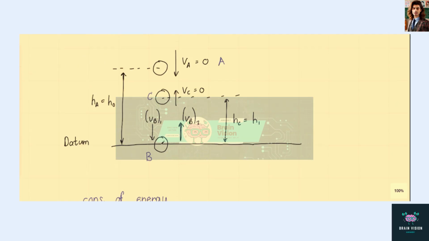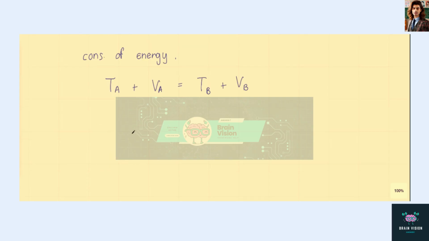Point B is just before the ball collides with the ground. So a half m VA squared plus the gravitational potential energy Vg at A must equal a half m VB squared plus the gravitational potential energy at point B.